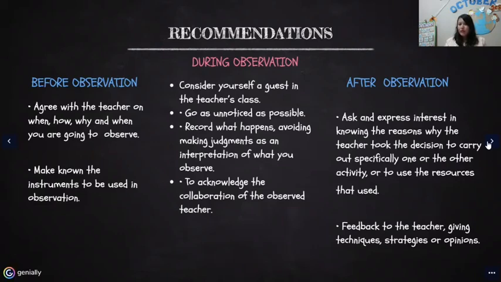Okay? You have to write all recommendations. Record what happens without making judgments, as interpretation of what you observe. Okay? You have to look in depth to interpret it. What is the action of the teacher? What is the action of the student?